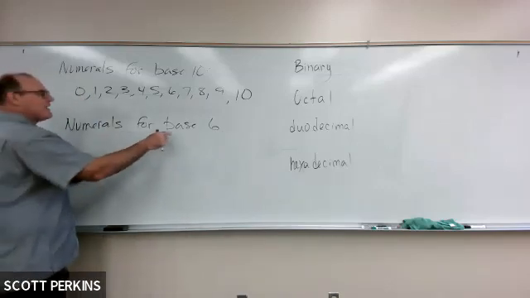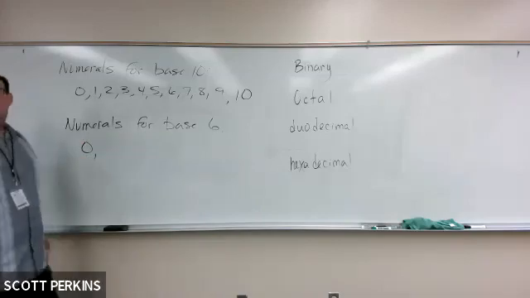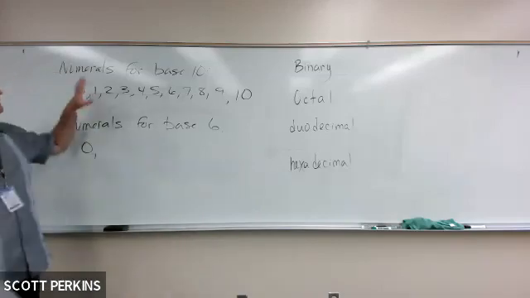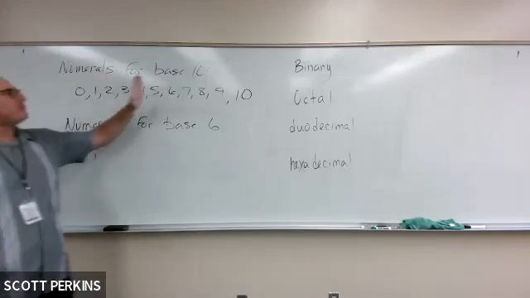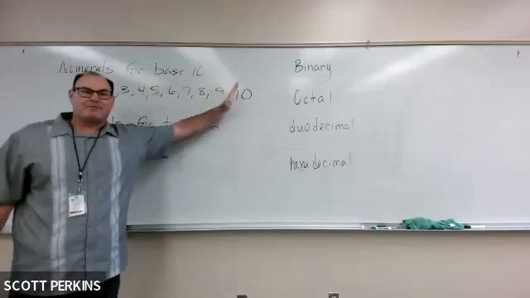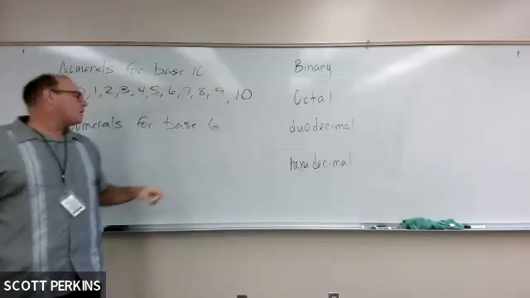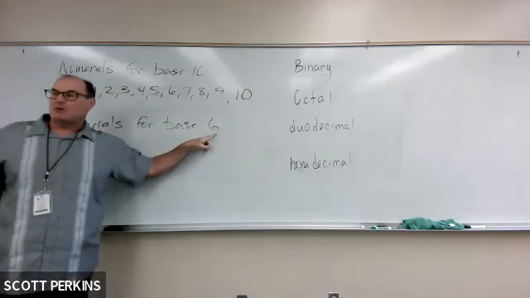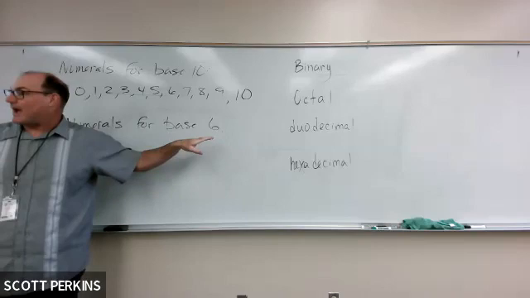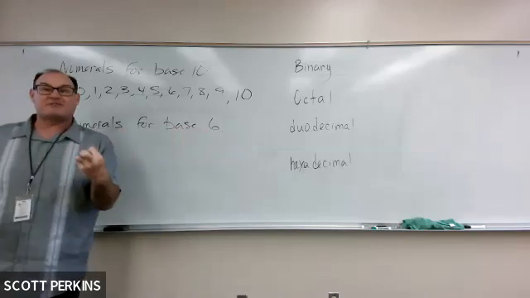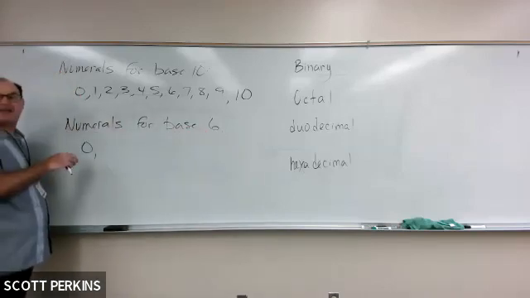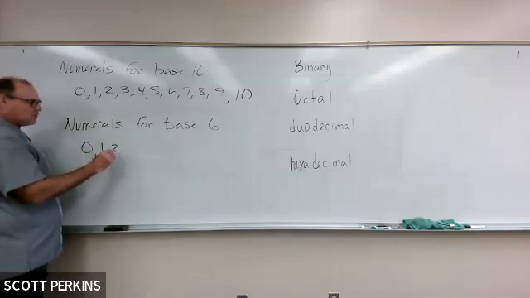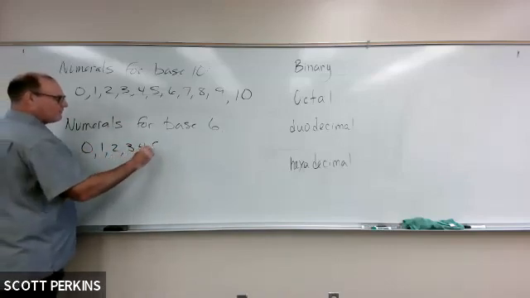The numerals for base 6, it's going to start at 0. But here's the thing. If in base 10, when I go 0 through 9 and I get to the 10th one, I have a full group of 10. When do I have a full group in base 6? When I get to the 6th one, right? I get to the 6th, I have a full group of 6. So the numerals I need for base 6 are 0, 1, 2, 3, 4, 5.